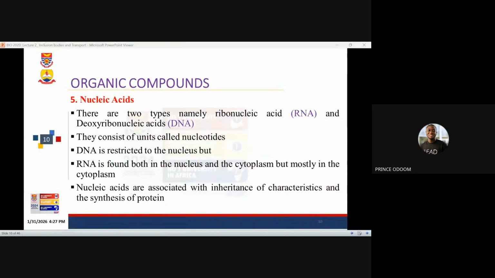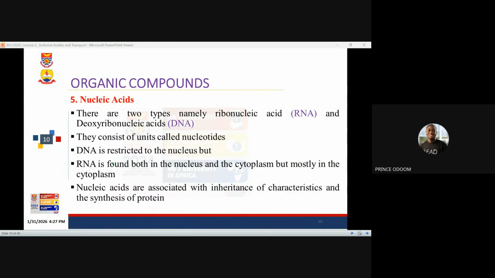So for the RNA, we have three types. We have the messenger RNA, the ribosomal RNA, and the transfer RNA. Now, the messenger RNA, which is the mRNA, is found partly in the nucleus. It is in the nucleus, copies the genetic information, then immediately moves through the nuclear pores into the cytoplasm, where it is translated into what?